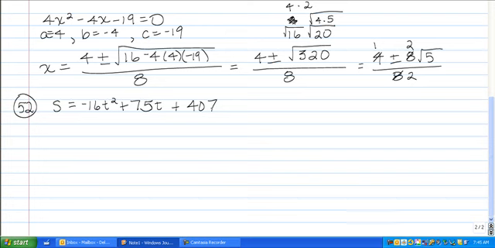So there's our equation, and we're to find t, and how long will it take for the ball to reach a height of 450 feet? So 450 is the number of feet above the ground.